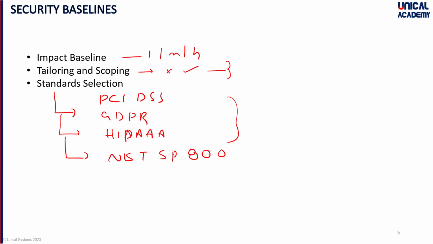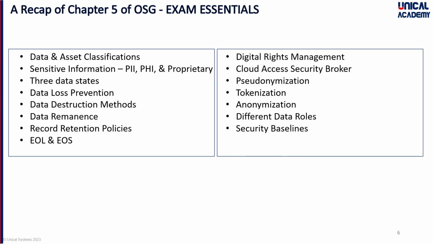Here comes the end of the 5th chapter of the official guide, lesson 5B of our CISSP Simplilearn series. Now quickly let us have the recap of these two parts that we covered. What is part A and part B? Data and assets need to be classified based on the importance for the organization's mission.